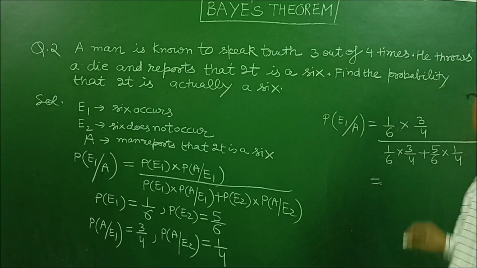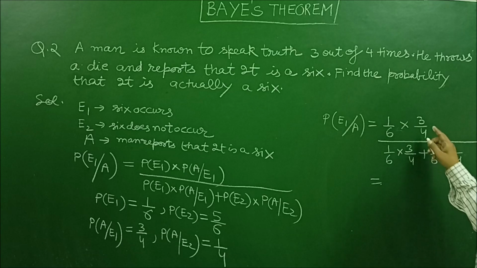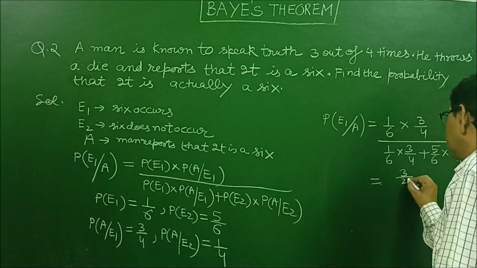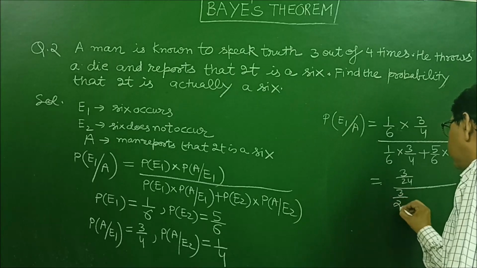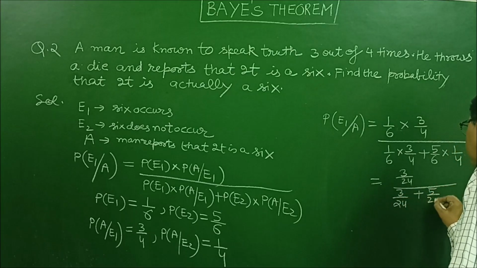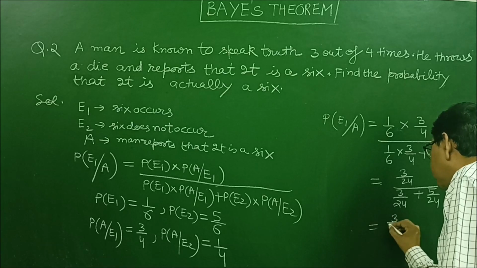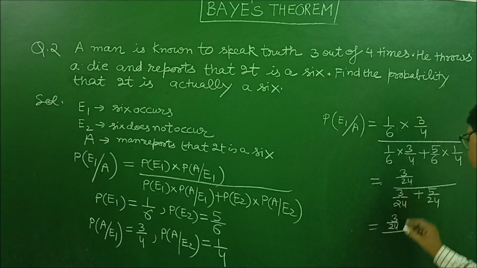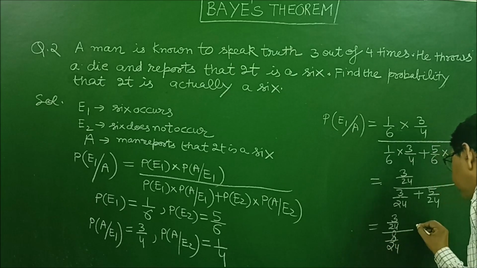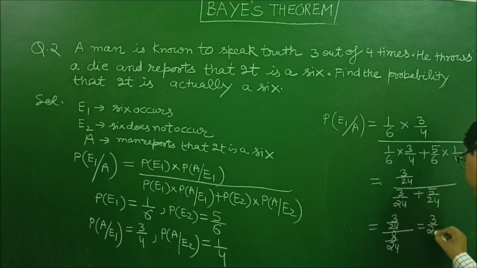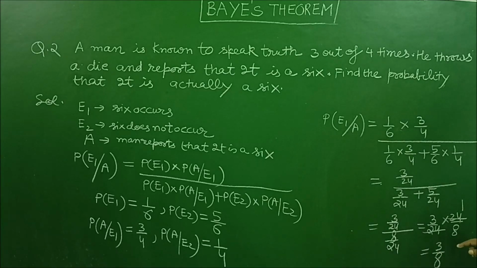So this is equal to 3 upon 24 divided by 3 upon 24 plus 5 upon 24, which is 3 upon 24 divided by 8 upon 24. On further simplifying, 3 upon 24 into 24 upon 8, 24 cancels, so equal to 3 upon 8. So the probability that it is actually a 6 is equal to 3 upon 8.